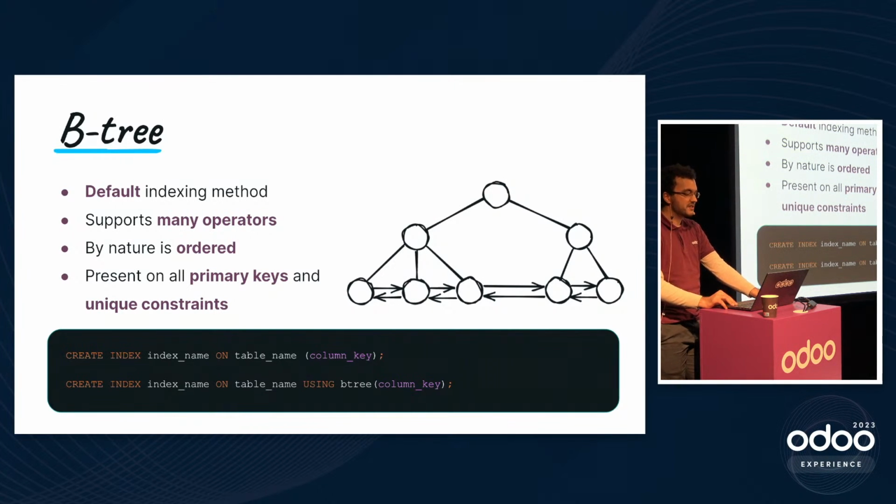You have the root node, where everything on the left is usually values that are lower than what I'm looking for, and everything on the right is bigger.